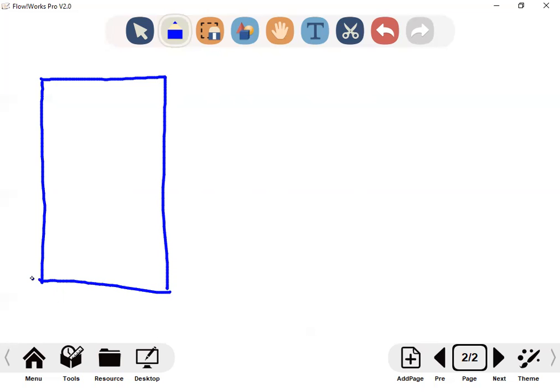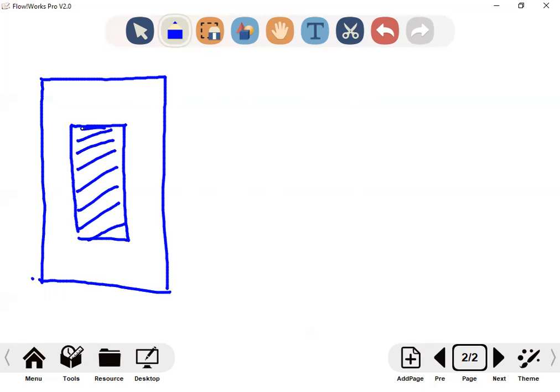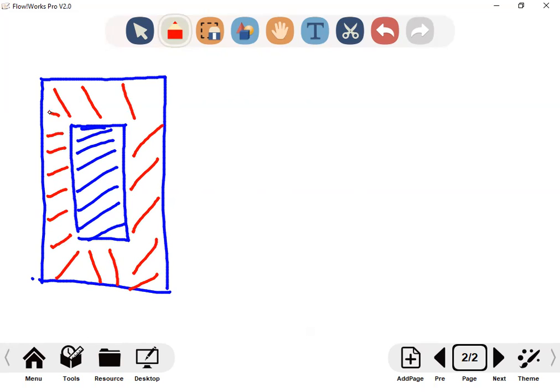Inside it, we have the swimming pool, right? What do they want us to find? This sidewalk, remember? So, how do we find the area of the sidewalk, the red part?